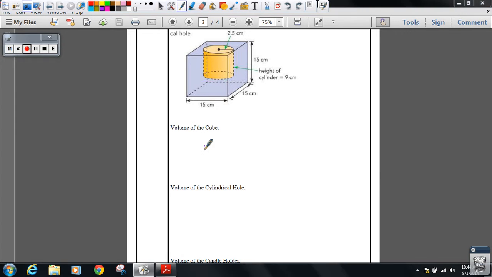So the volume of a cube is very simply length times width times height, or since it's a cube and they're all exactly the same, you can just think of it as length cubed. So we have 15 cubed, which equals 3,375. The volume of a cylinder then is pi radius squared times height.